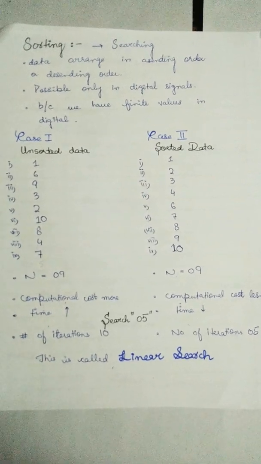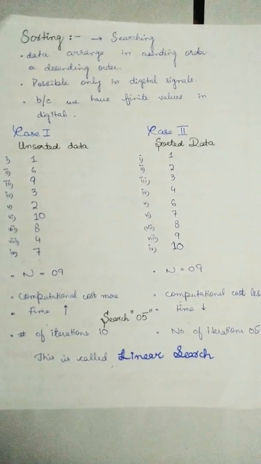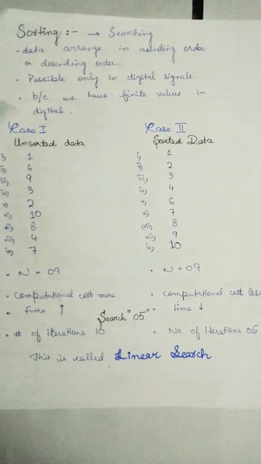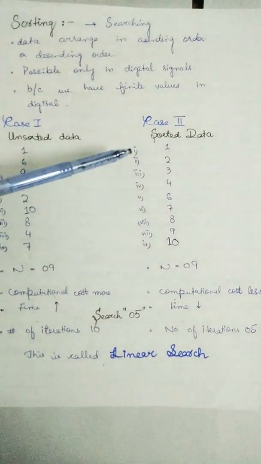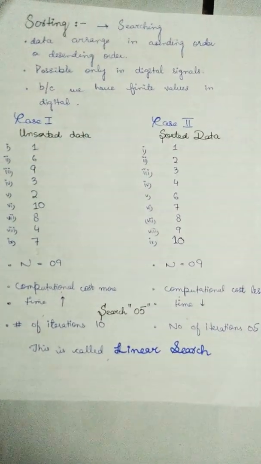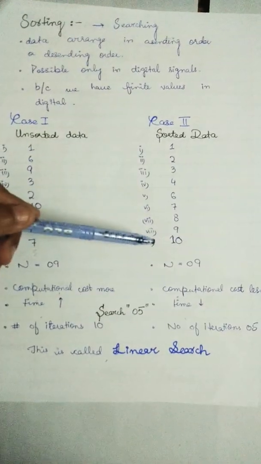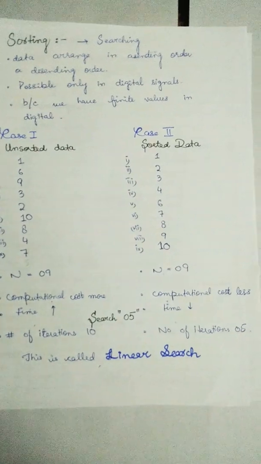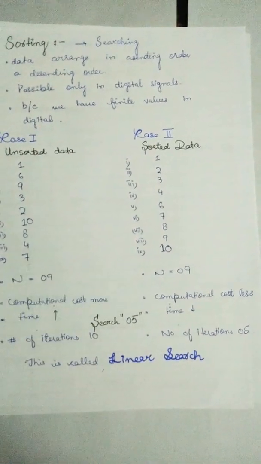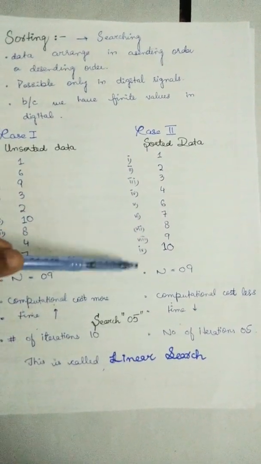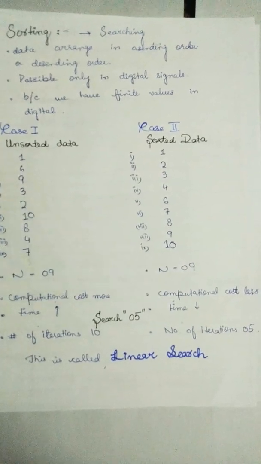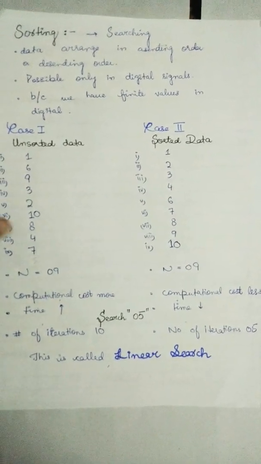We do 10 iterations, then we know there is no number 5. In case 2, we took 5 iterations and we know there is no number 5 because it is arranged in ascending order. One takes more time and more computational cost, the other takes less time and less computational cost. This is all about linear search.